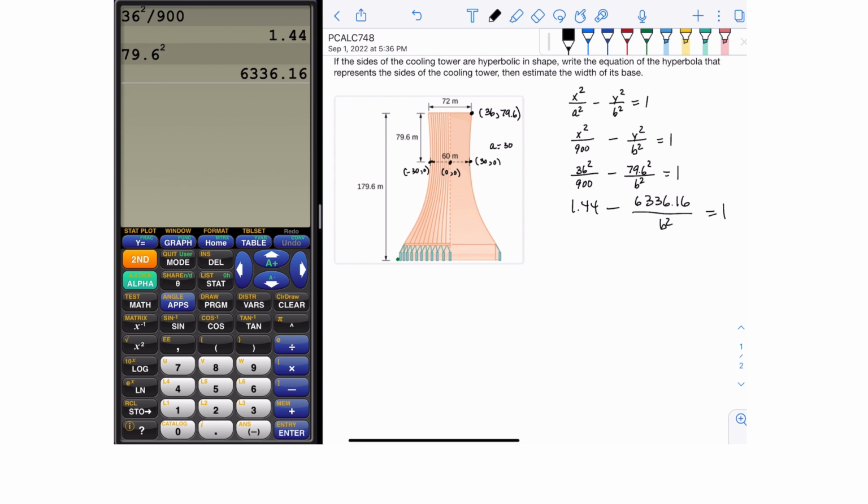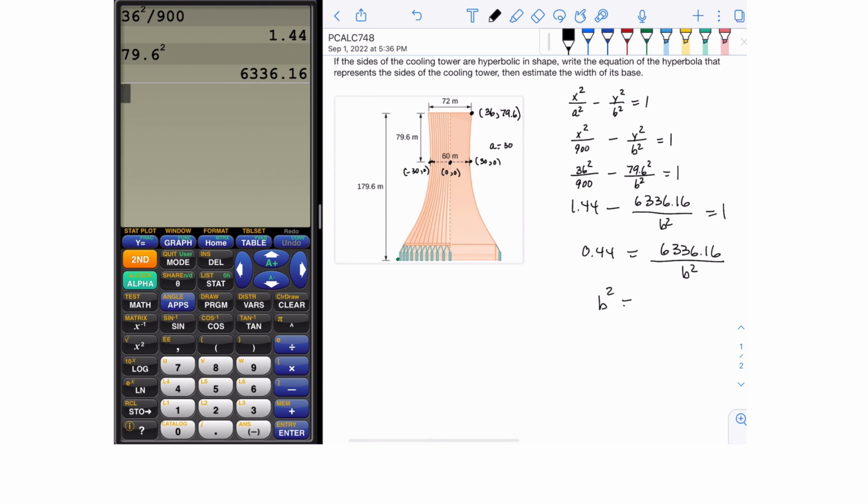So what I'm going to do is subtract 1 from both sides, and add the 6336.16 over b squared to the other side. So we're going to have 0.44 equals 6336.16 over b squared. And now multiply both sides by b squared, and then divide both sides by 0.44.